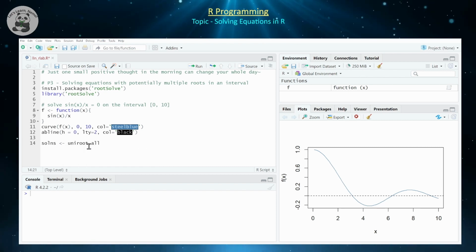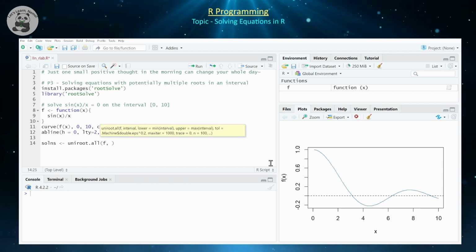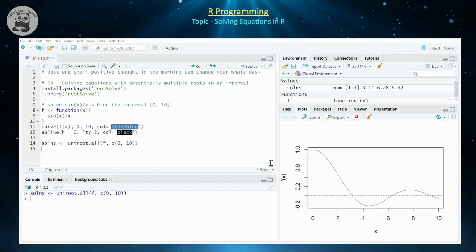The uniroot.all function is part of the rootSolve package, and it has a similar syntax to the uniroot function. So again, the function of reference is going to be f, and the interval we want to search is 0 to 10, and that's going to return these 3 numbers. So 3.14, it looks like pi, 6.28, maybe 2 pi, 9.42, maybe another multiple of pi, who knows.